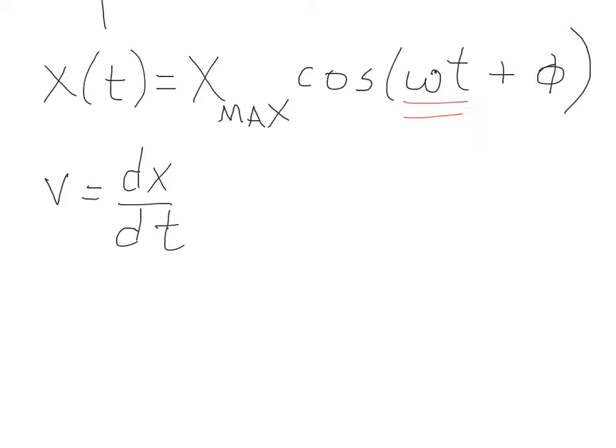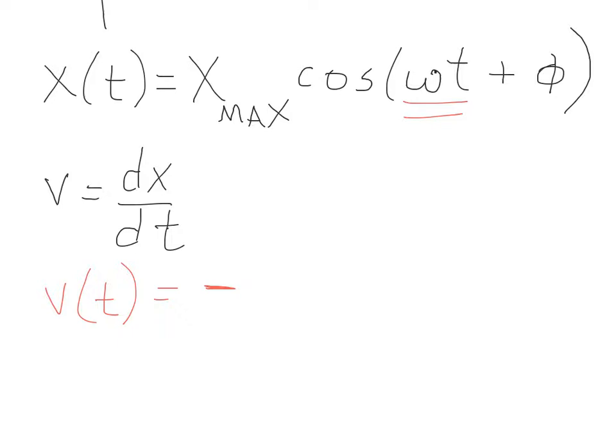So the chain rule says that when we're all done with taking the derivative of the cosine function, we're going to also take the derivative of the omega t with respect to time, and we're going to include that quantity in there too. So here's what we're going to end up with for our velocity function. I'll write it in red. The chain rule is going to put an omega out here in front, and then we're also going to have a negative sign because the derivative of cosine is a negative sine.